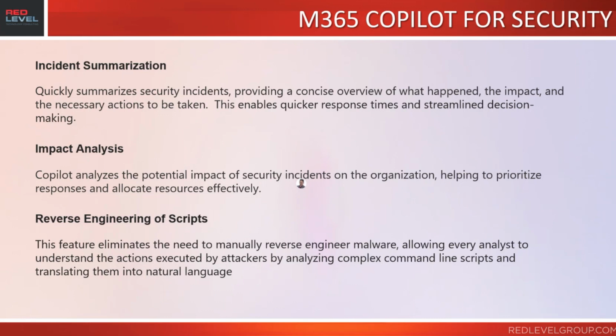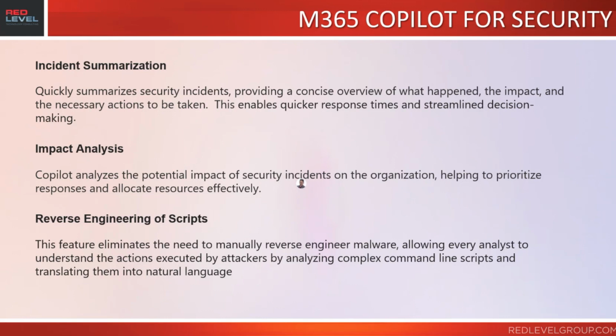It's very powerful for that, making a nice little concise, easy-to-understand English paragraph of exactly what's going on. You can use Copilot for impact analysis, basically asking it, if we do have a security breach of some kind, what is the possible potential impact of that? How far reaching is it? What is it reaching into? What data is impacted? What services are impacted?